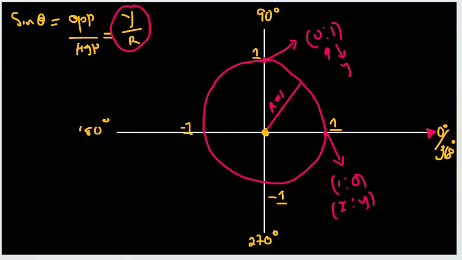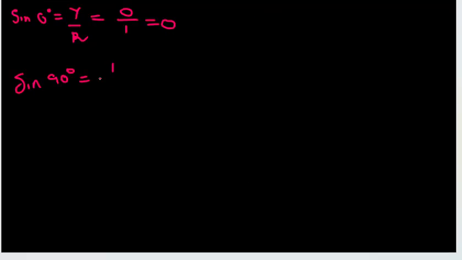I'm interested in y, so it will be 1 over the constant radius, which is 1, and it will be 1.